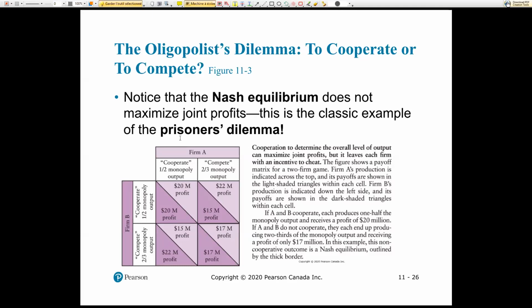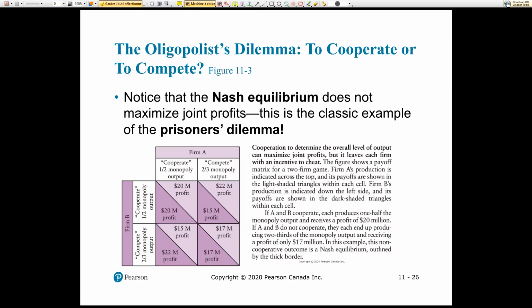If you want to know what the prisoner's dilemma game is, in a nutshell, the idea is the following: two criminals are caught, but the policemen don't have enough proof that they really did it, so they put them in separate cells, and they say to each prisoner, if you confess your crime, you get a very light sentence, but the other person is going to go to prison for a long time.